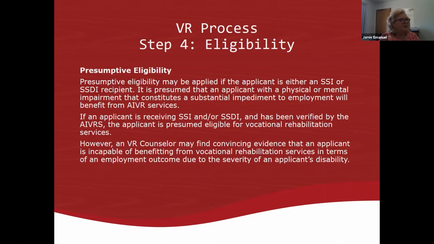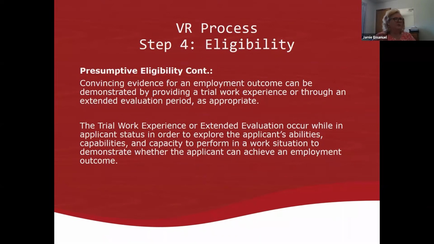However, you may find convincing evidence that an applicant is incapable of benefiting from VR services. So even though they do receive SSI or SSDI and they are presumed eligible for services, you still have to make that determination. Are they going to benefit from services? And then we'll continue on with presumptive eligibility.